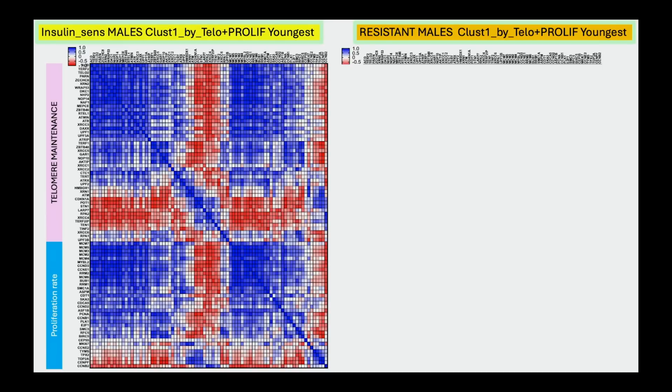You can see these very nice clusters. There are telomere genes that co-regulate, that's blue, and telomere genes that anti-co-regulate with each other, that's red. A whole bunch of those co-regulate with proliferation rate genes, but some anti-proliferate, right? So there's a pattern, and that's in the healthy individuals.